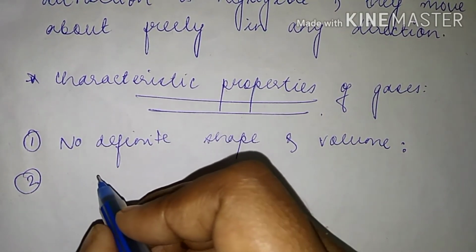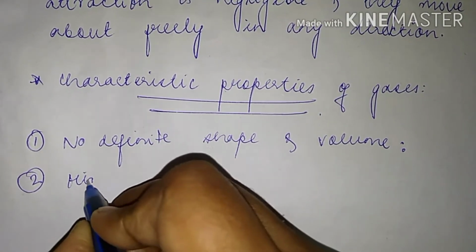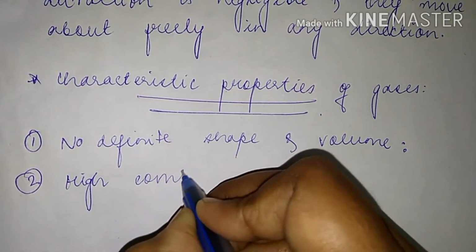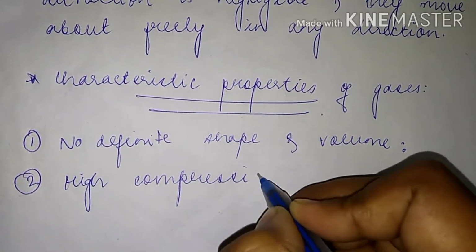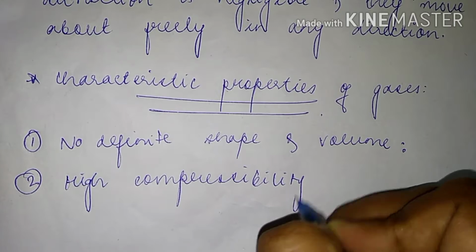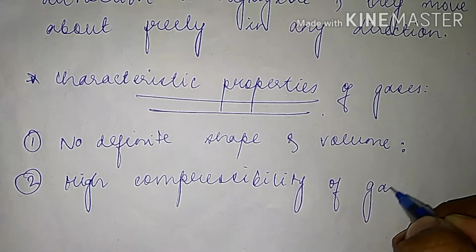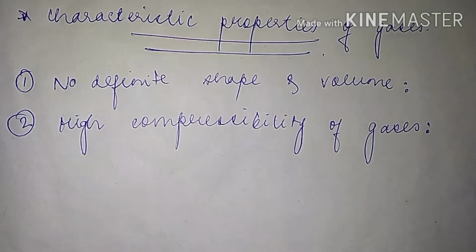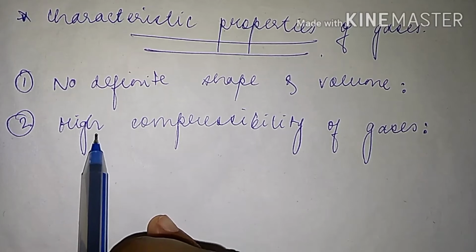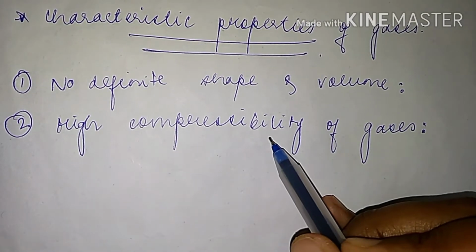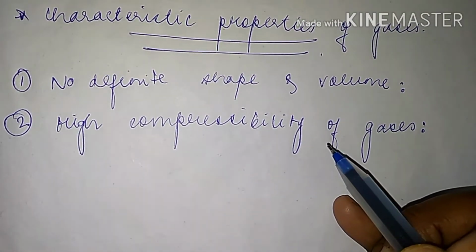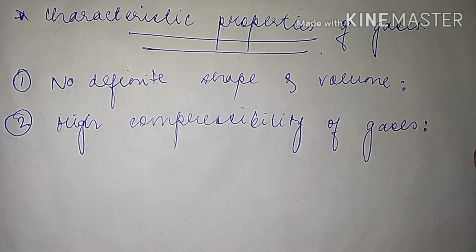The second characteristic property is high compressibility of gases. The volume of the gas can be easily compressed to a much smaller volume by increasing the pressure upon it.